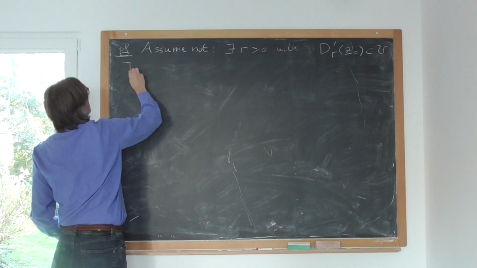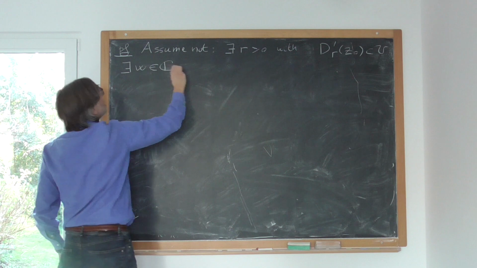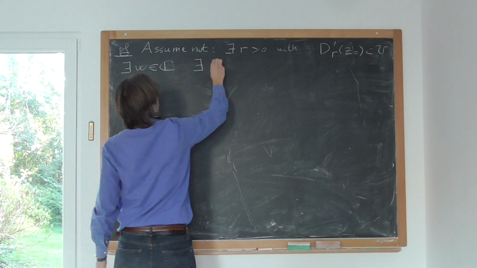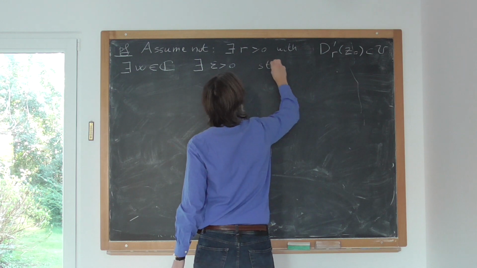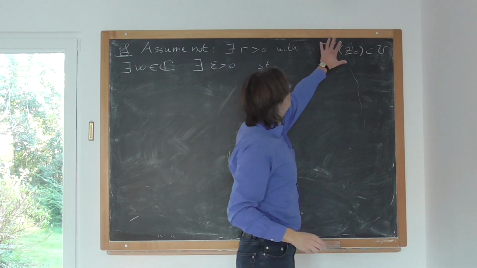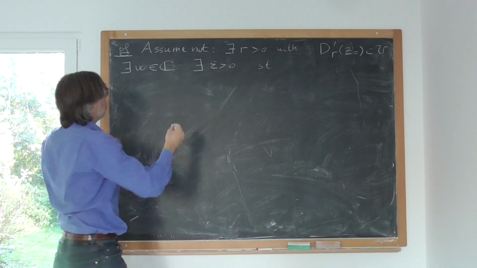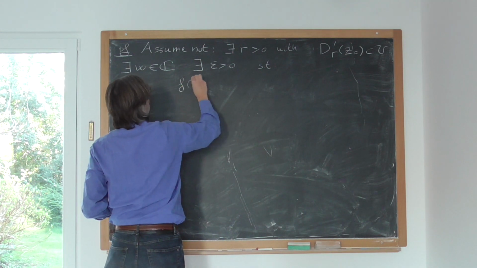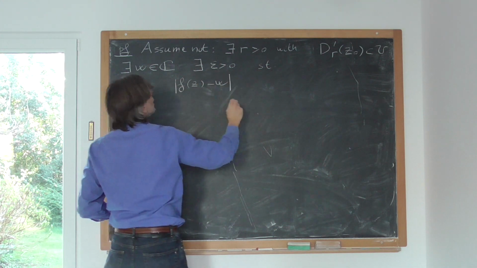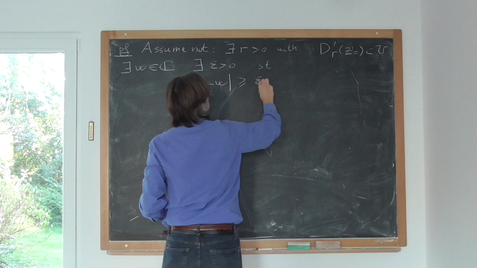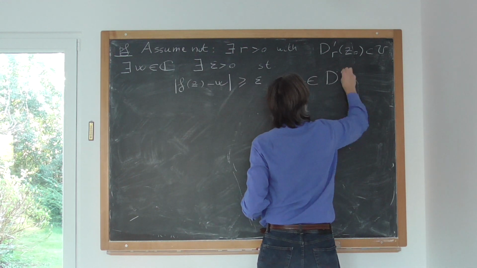It means that there exists some complex number, let's call it w, and there exists a positive real number, let's call it epsilon, such that the image remains epsilon far from w, or, so |f(z) minus w| is greater or equal than epsilon for all z in this punctured disk.